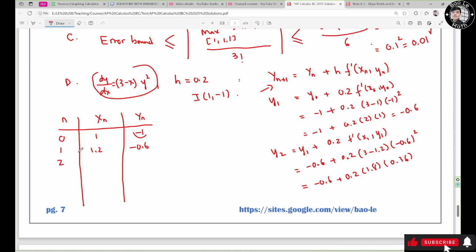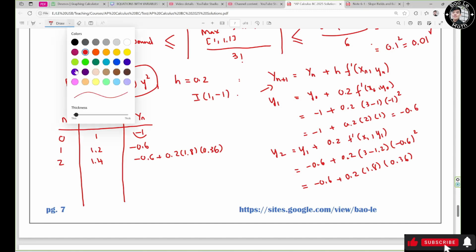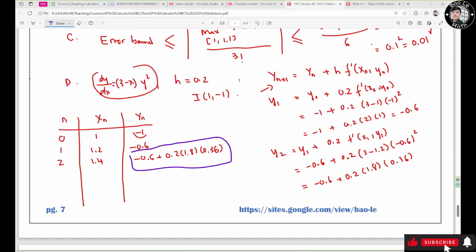So y2 right here is negative 0.6 plus 0.2 times 1.8 times 0.36, right? Then s2 right here means 1.4, right? So the answer should be this, and it's a good time to stop.